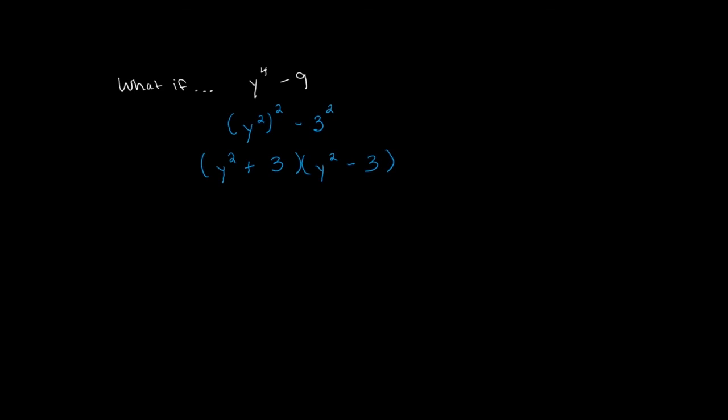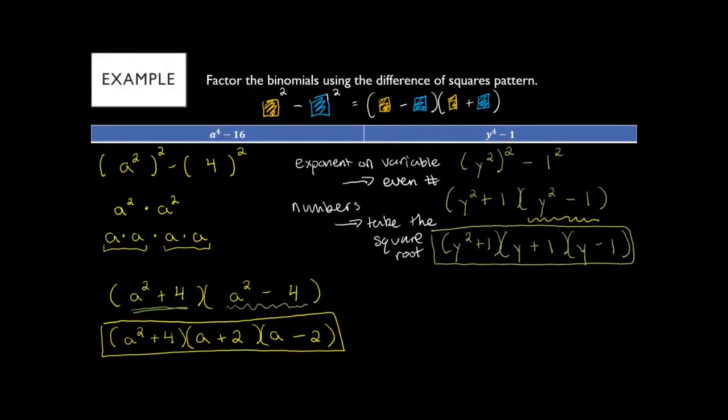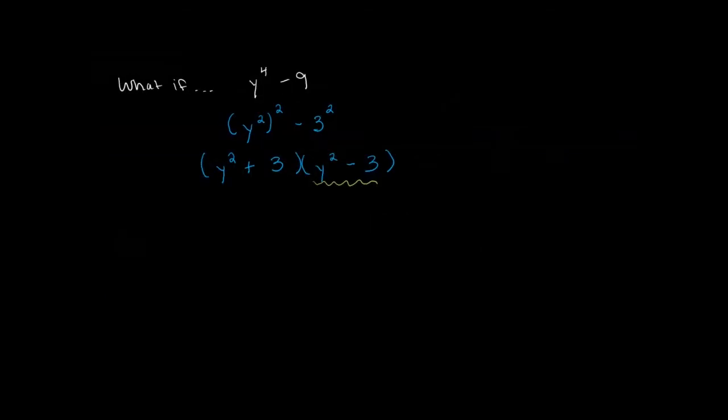Now let's take a look at the y squared minus 3 here. In our previous 2 examples, that was another difference of squares because we could take the square root of 4, which gave us 2, and we could take the square root of 1, which gives us 1.